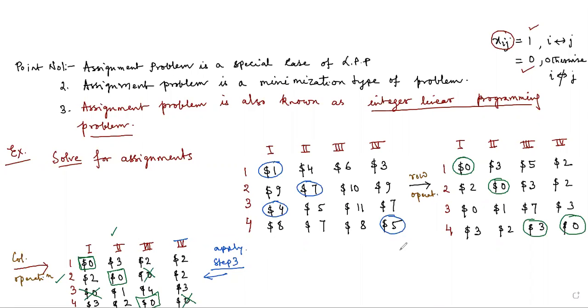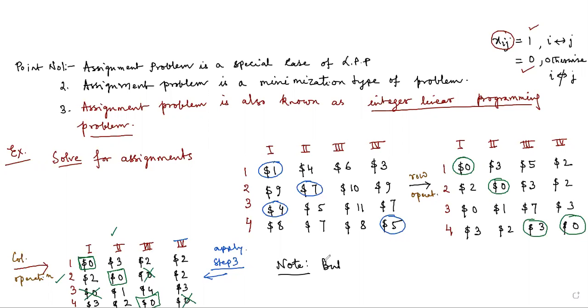Okay, but here comes the most important part, and we are going to note it down. The important observation which we have made is that the requirement of the assignment problem is not fulfilled. The requirement of the assignment problem says that in every row and in every column there must exist one and only one assignment.